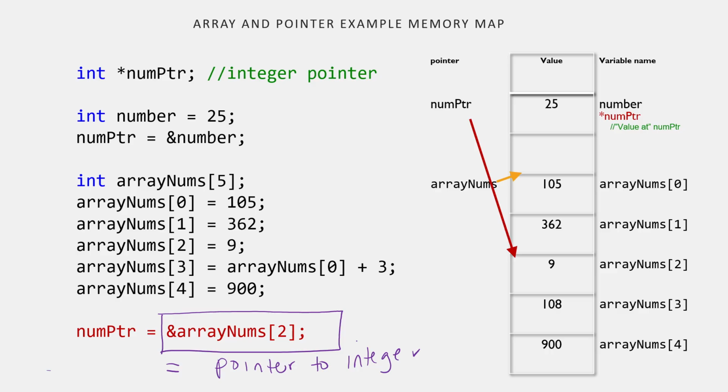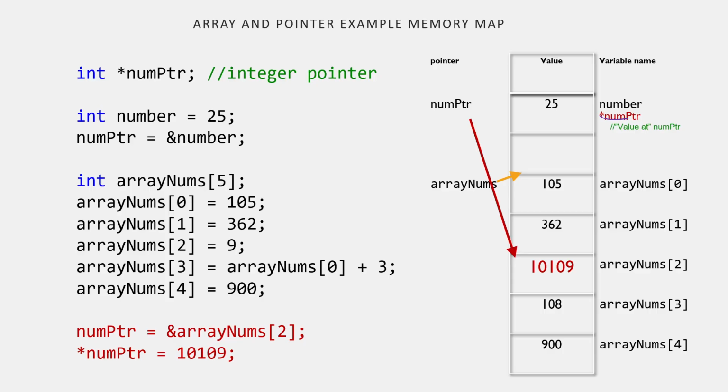So num pointer used to point here, but now I have a new assignment statement here, so that pointer is moved and is now pointing here. So this is no longer the value at num pointer. This is now the value at num pointer.